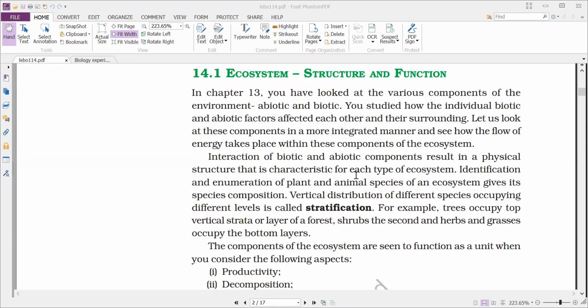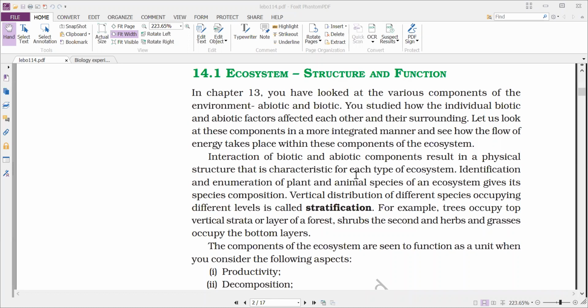And next, when you observe here, interaction of biotic and abiotic components result in a physical structure that is a characteristic of each type of ecosystem.